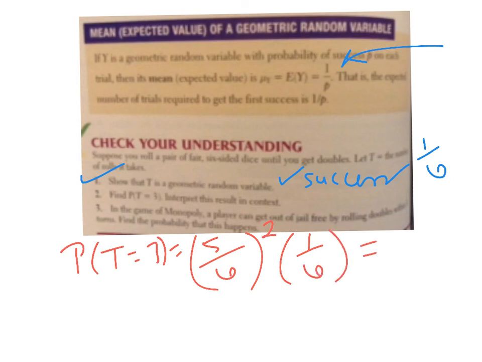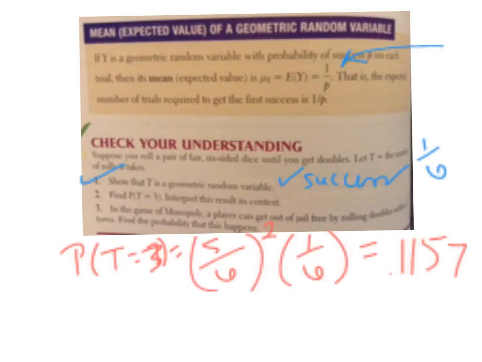Or I could use the geometric function of my calculator and plug that in. But basically, I have a probability of 0.1157 that I will get doubles on the third roll, because that's what it's asking me. If I want T equals 3, that tells me the third roll is when I'm going to get my success, because this is a geometric variable.